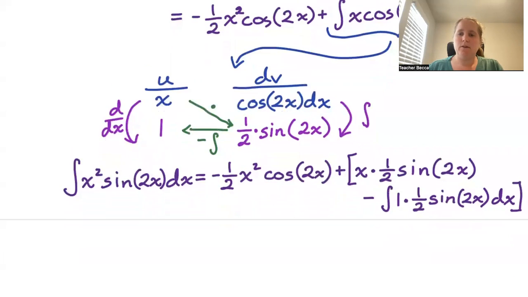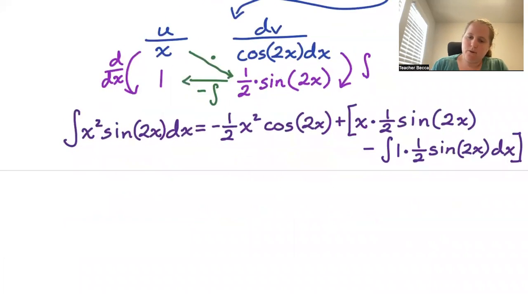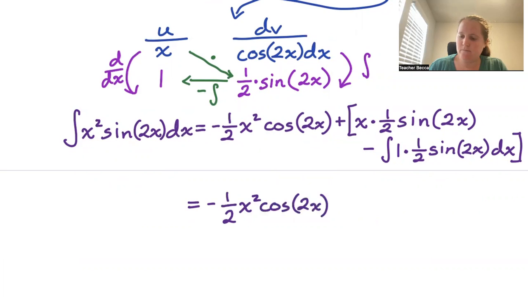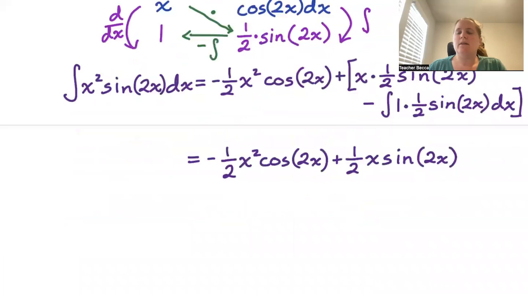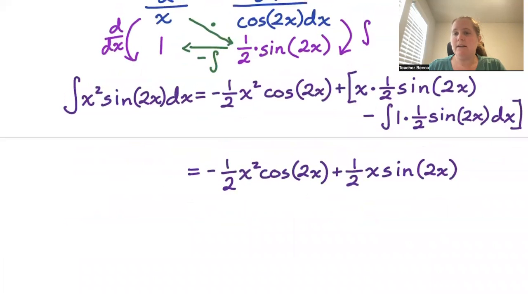From here, we have, therefore, that we are looking at negative 1/2 x squared cosine of 2x plus 1/2 x sine of 2x. And then integral of sine is a negative cosine.